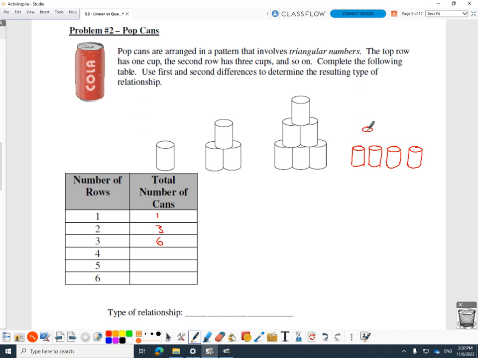No. I got it. What did you get for number 4? 10. I got 11. Think about it again. Oh, you're right.